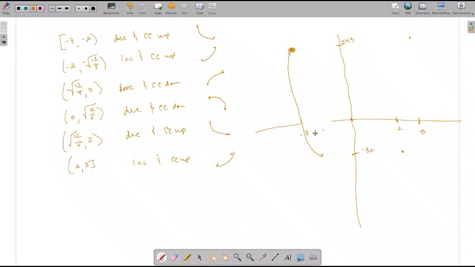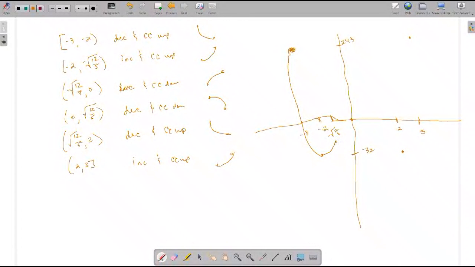And from negative 3 to negative 2, I'm concave down. From negative 2 to this negative 1.509, this negative root 12/5, I have to be concave up, but increasing.